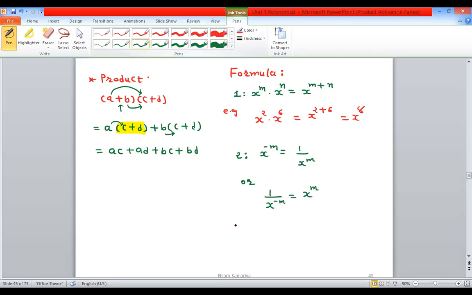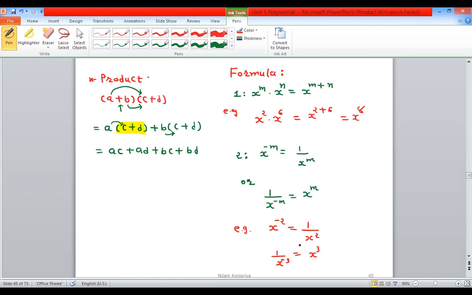For example, x raised to minus 2 is similar to 1 upon x square, or 1 upon x raised to minus 3 is similar to x cube. If the power is positive in the denominator, it is written in the numerator in negative form. If the power is negative in the denominator, it is written as a positive power in the numerator.